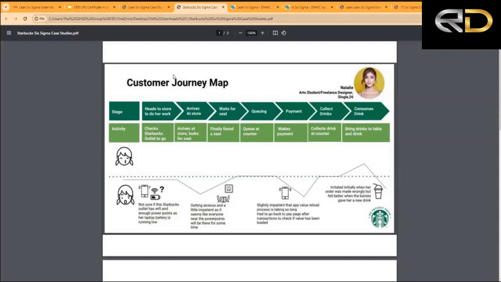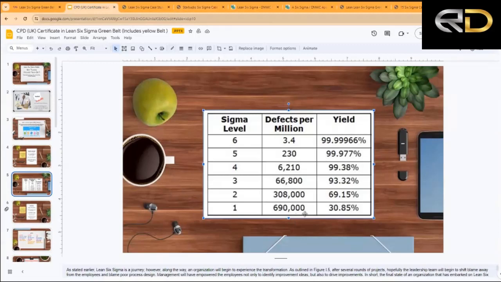So for example, let's say this process right here, the first one, these customers right here, they're experiencing sigma level 1. It means that these dips that you see right here, when the customer is not satisfied right here, this is happening 690,000 times. It means that only 30.85% of the customers are satisfied, okay?